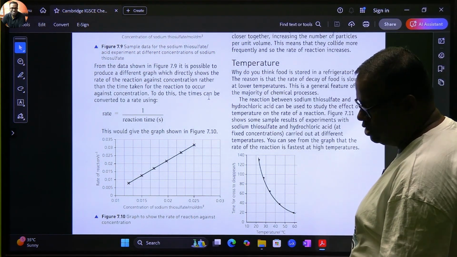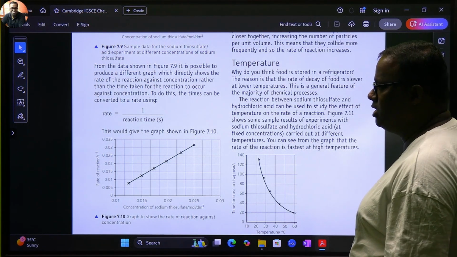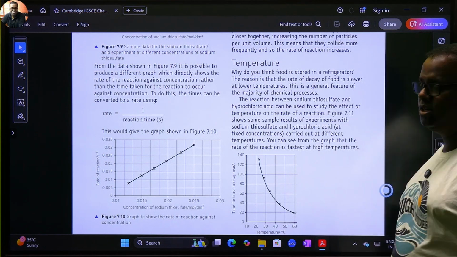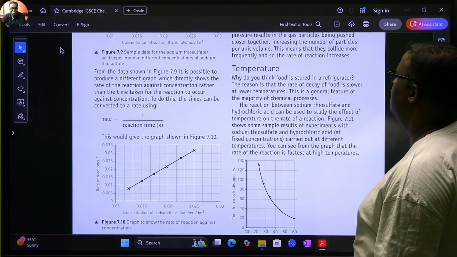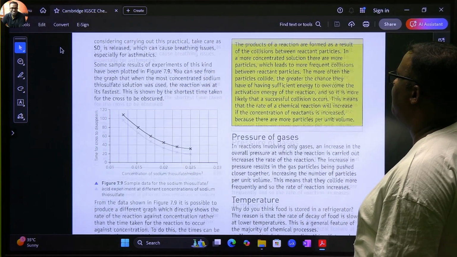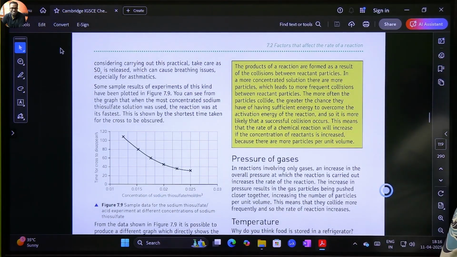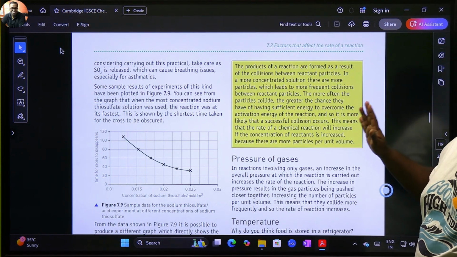Also, you studied about the characteristics of a reaction, that is evolution of gas, change in color, change in temperature, formation of precipitate. Clear? Okay. So it says, this portion is important. The products of a reaction are formed as a result of collision between the reactant particles. That is a Bible truth, you can't take it away.